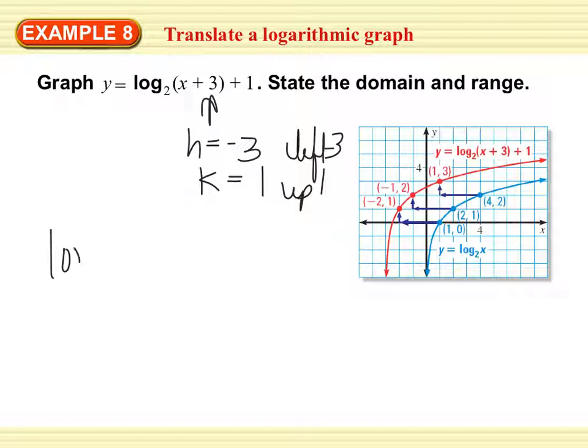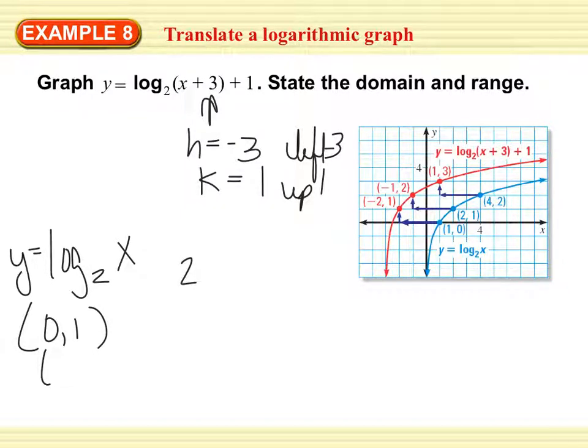But we're going to graph log base 2 of x first. So my points are going to be 0 comma 1. That would be 2 to the y equals 0, or y equals, I'm sorry, 1, y equals 0. And then 2 to the y equals 4.